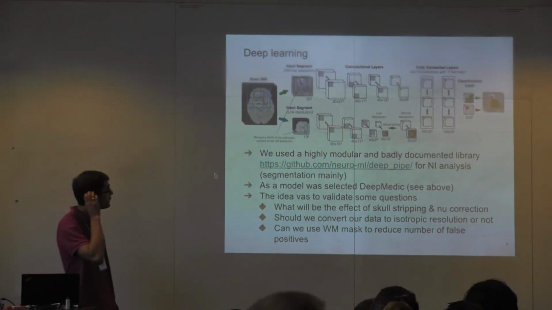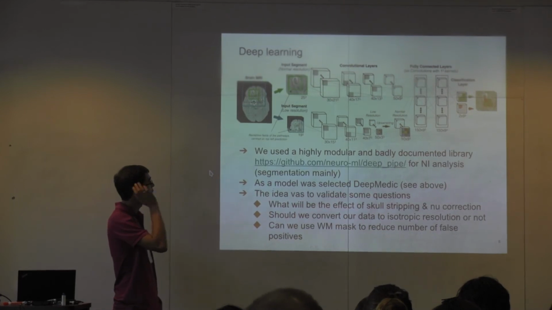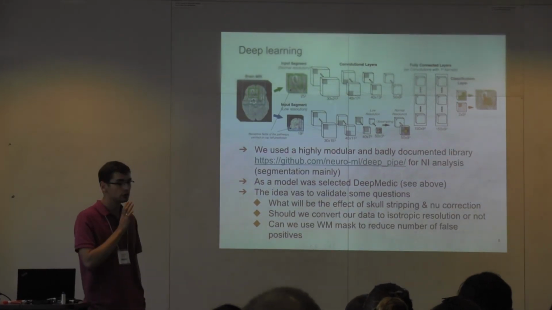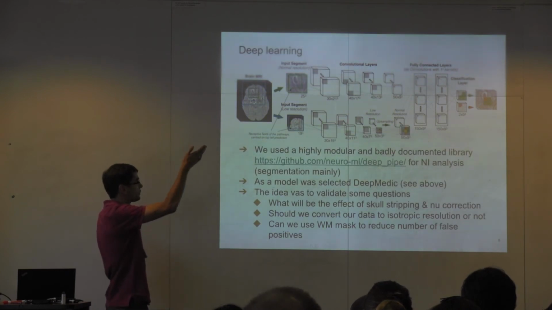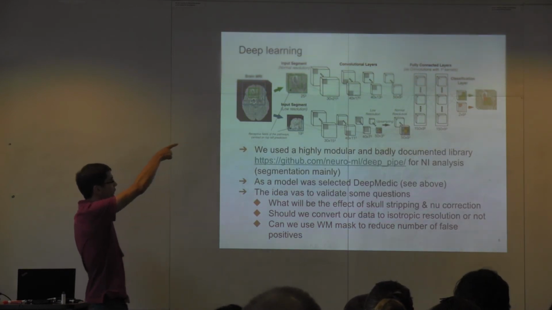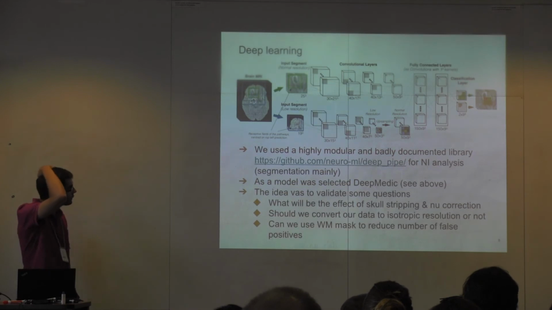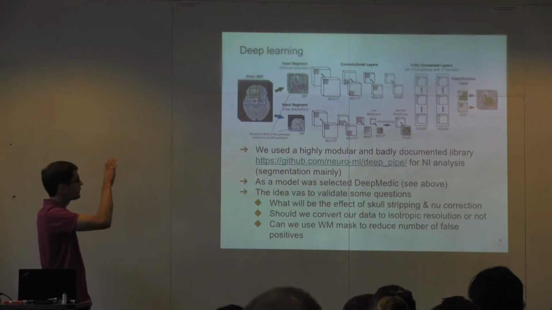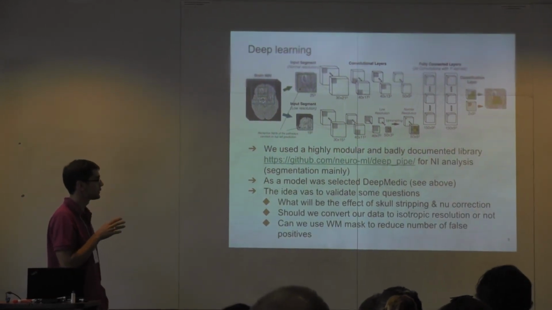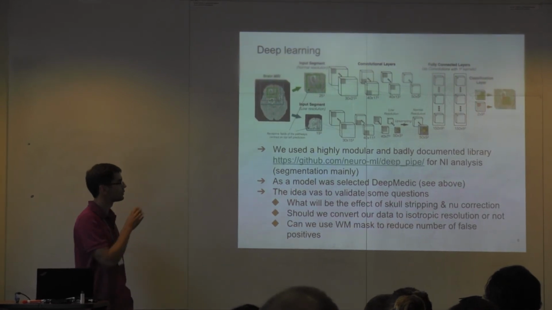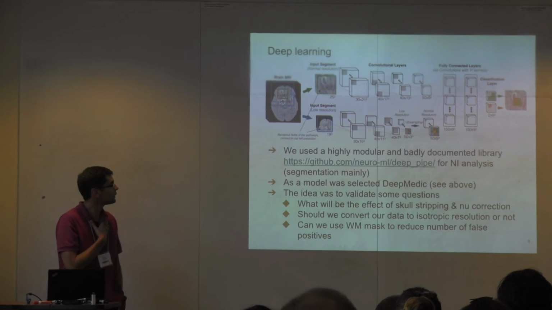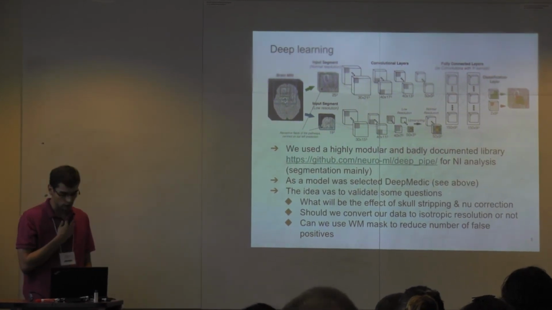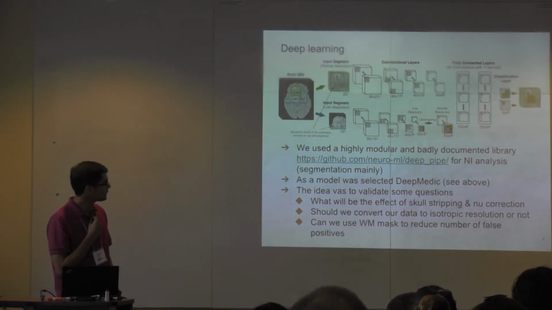About deep learning, the original idea was to fix the deep learning architecture and the training methods. This architecture for segmentation was developed a couple of years ago, especially for brain lesion segmentation. In that case, it was glioma segmentation.